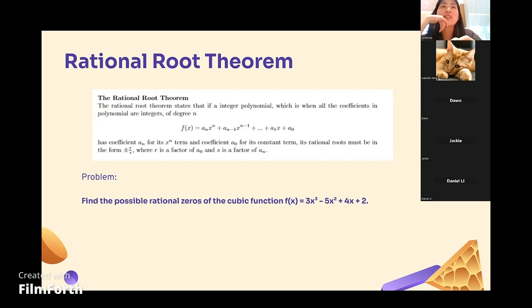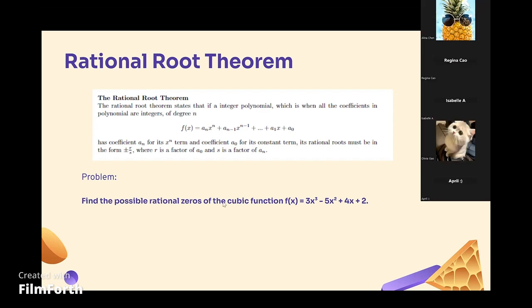What are the factors of 2? I think everyone is pretty familiar with them. Yep, this was 2 and 1. We can include positive and negative, but let's just think about positives: 2 and 1.